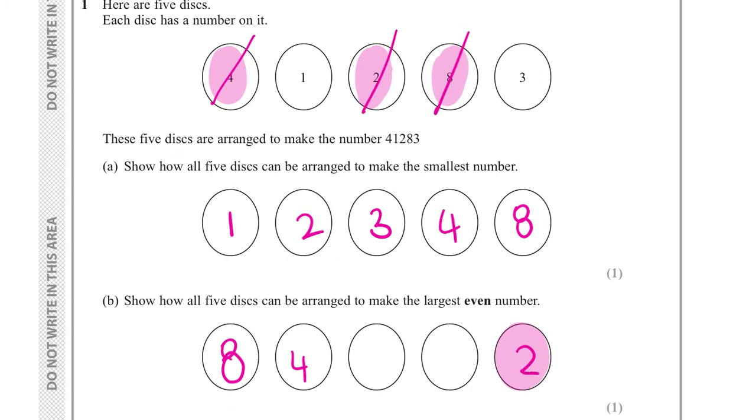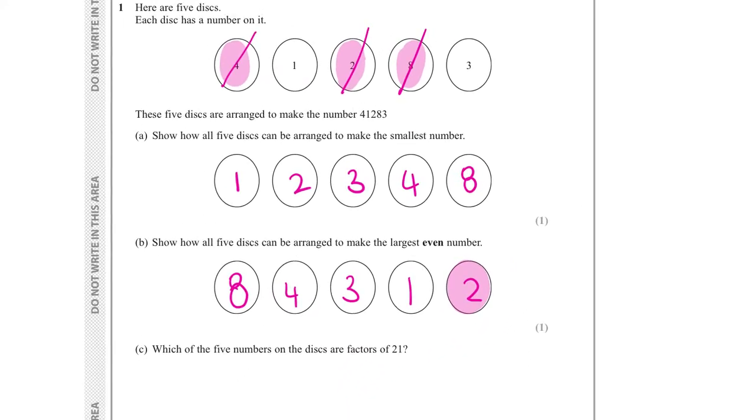Now, what's the next largest? 3 is left. And then 1. So that's how we have now found the largest even number by a process of elimination. This is the only answer. If you have a different answer, you might have 83,124. That's less than 84,000, so it's wrong.